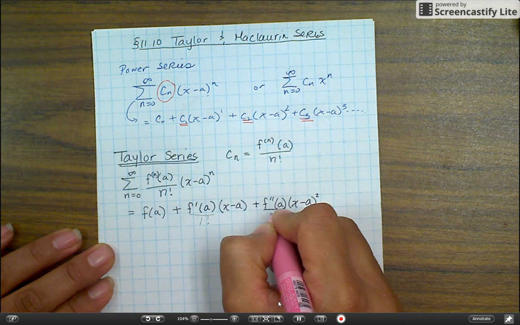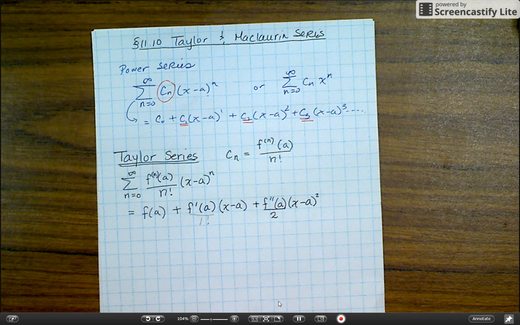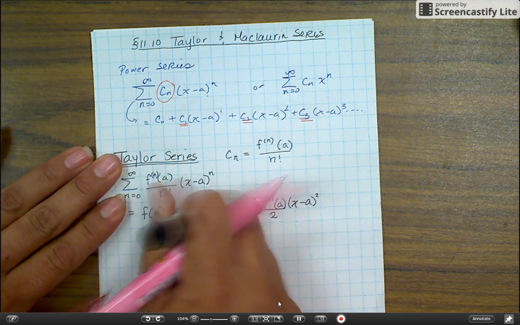I'll say just 2, but it's 2 factorial because it simplifies to that.